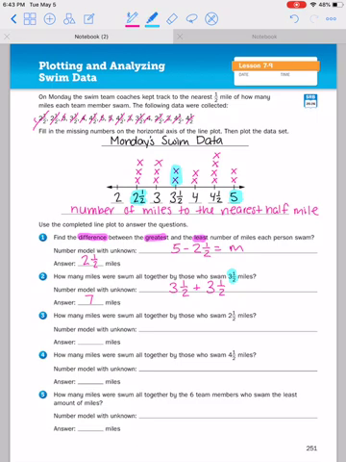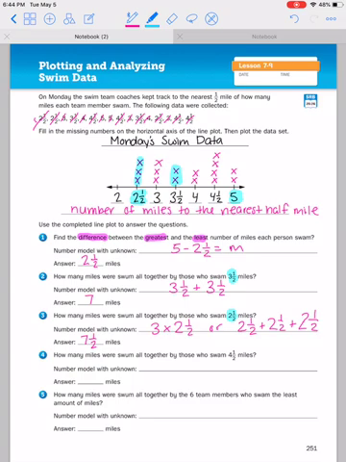How many miles were swum all together by those who swam 2 1/2 miles? So I know that 3 people swam 2 1/2 miles. So you could do this 2 ways. You could do 3 times 2 1/2 or 2 1/2 plus 2 1/2 plus 2 1/2. Okay, and if you were to add or multiply, you would get 7 1/2 miles.